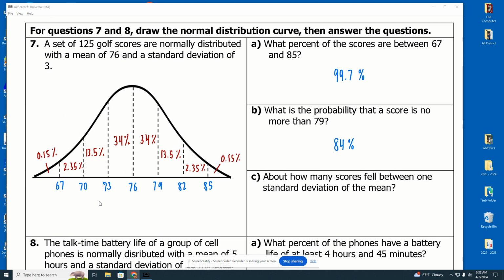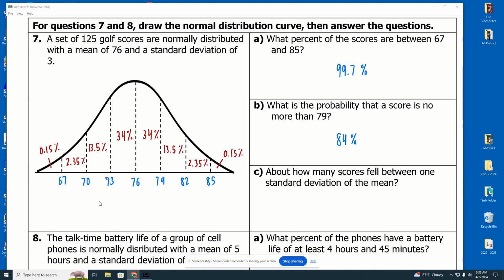Okay, the next one, C, how many scores. Again, it doesn't say what percent of scores, doesn't say what's the probability of that score. It says how many scores fell within one standard deviation of the mean. Now, we know that one standard deviation of the mean includes both of these two categories. 34 plus 34 is 68%. But I'm not going to write 68% as my answer because it wants to know actually how many scores.